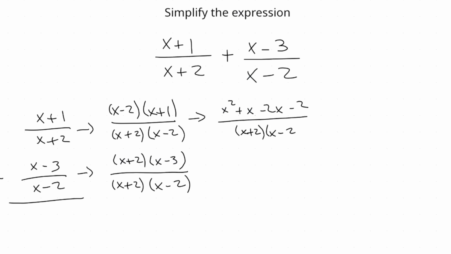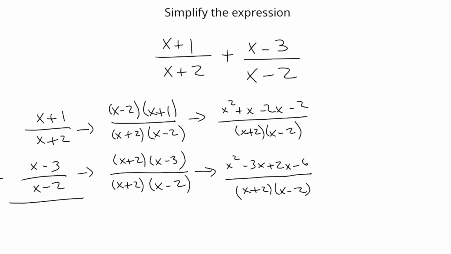Then this one is x squared minus 3x plus 2x, no, minus 6. Sorry about that. And that is also over x plus 2 and x minus 2.